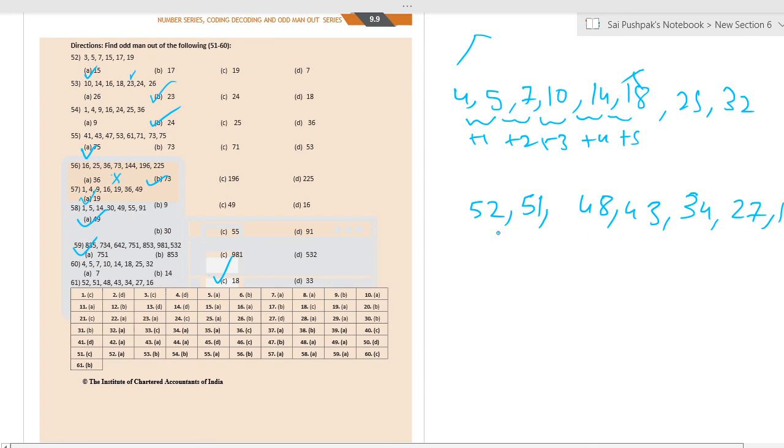So 52 minus 51 is 1, here it is minus 3. 48 minus 43 is 5. So 1, 3, 5 are all odd numbers. So what should the next odd number be? It should be minus 7. 43 minus 7, what will it be? 36. But here 34 came. So this is the odd man out.